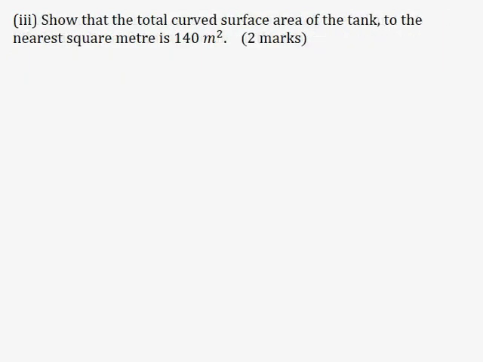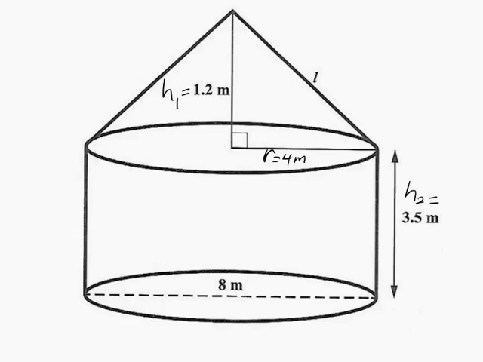Part 3. Show that the total curved surface area of the tank to the nearest square meter is 140 meters squared for 2 marks. Now, in order to find the total curved surface area of the tank, I will find the curved surface area of the cone and add it to the curved surface area of the cylinder.